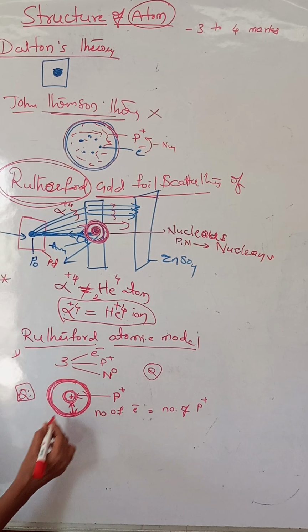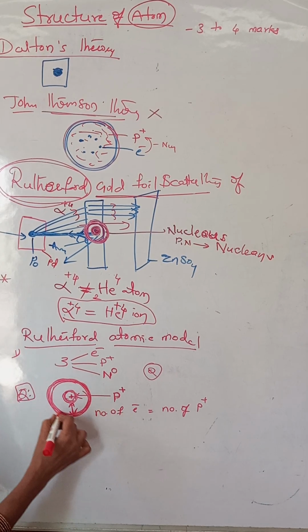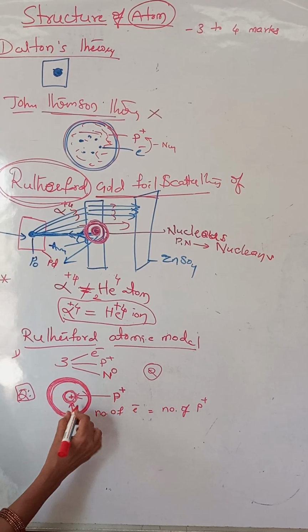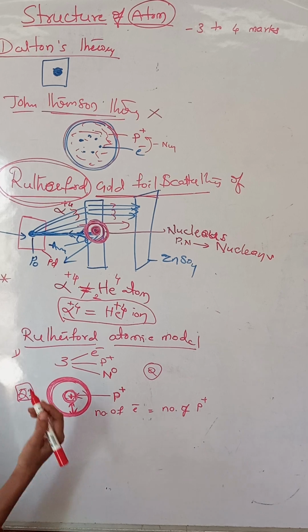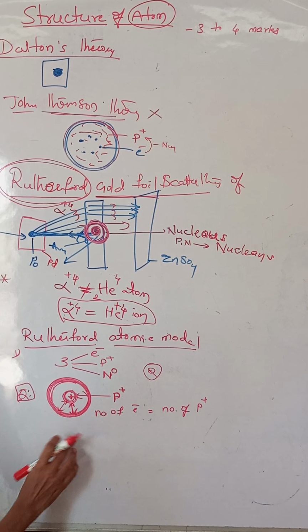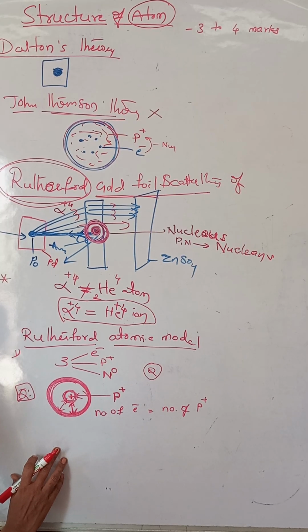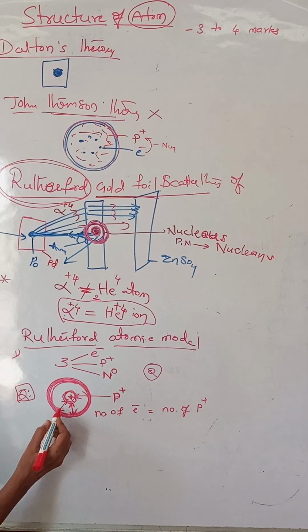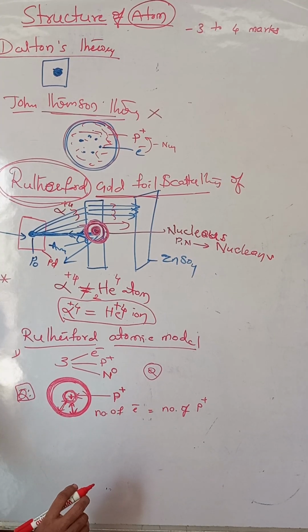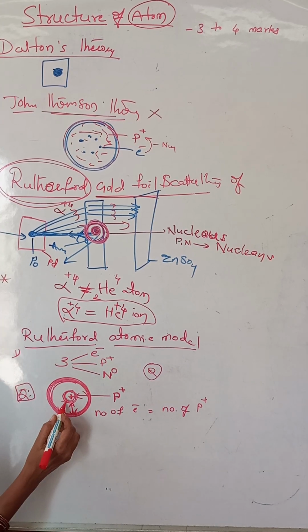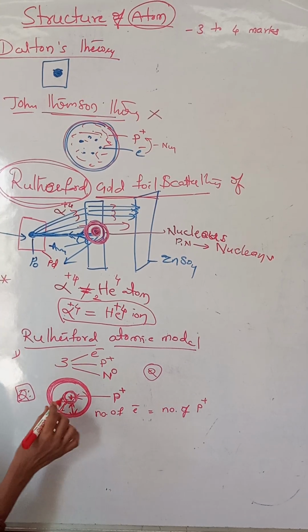Next, these electrons revolve through a circular path around the nucleus. At that time two types of forces are present, the centrifugal and the centripetal force.